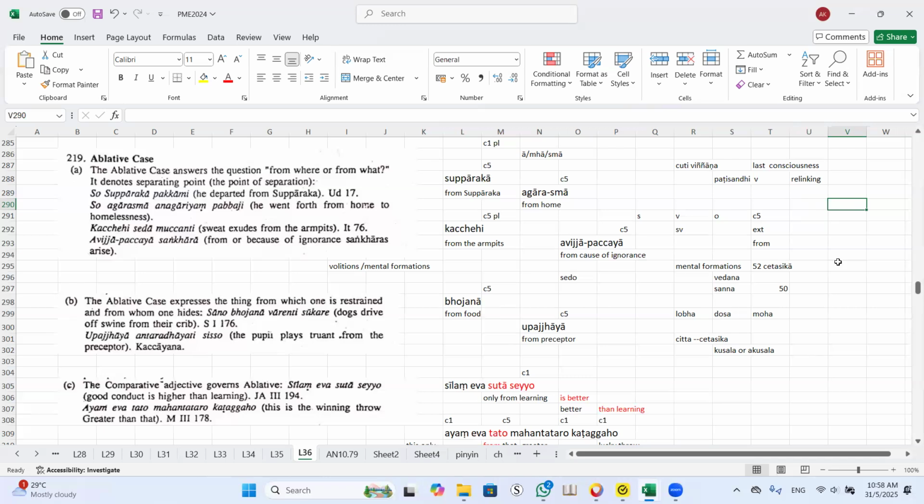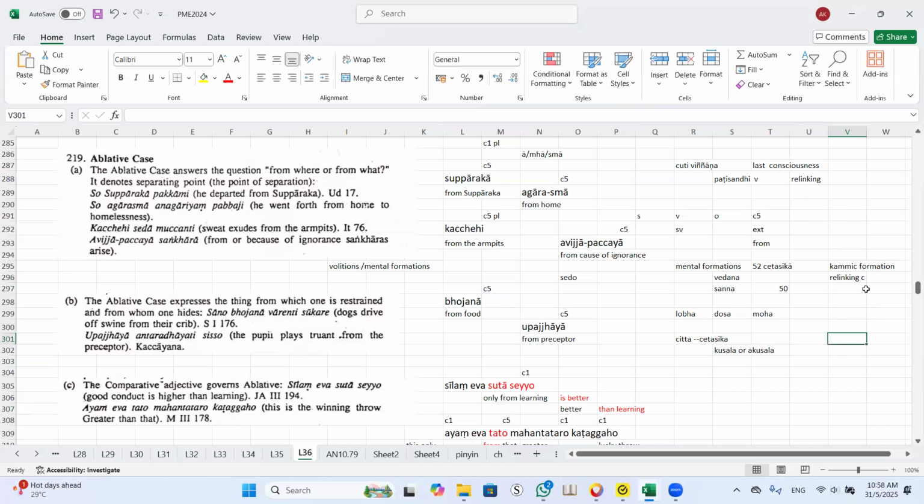That's why in Abhidhamma we translate sankhara as karmic formation. Because of karmic formation, there is a relinking consciousness. If in this life you do good karma or bad karma, then you pass away, there should be a relinking consciousness.